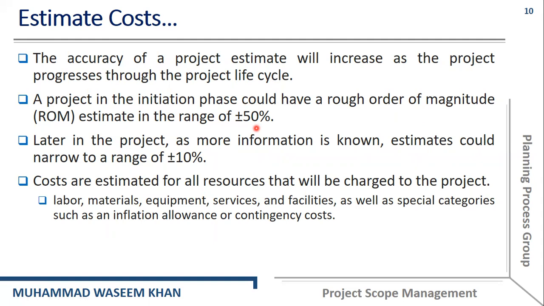But as the project progresses, the accuracy increases. So later in the project, as more information is known, estimates could narrow to plus minus 10%. Costs are estimated for all resources that will be charged to the project: labor, materials, equipment, services, and facilities, as well as special categories such as inflation, allowance, and contingency costs.